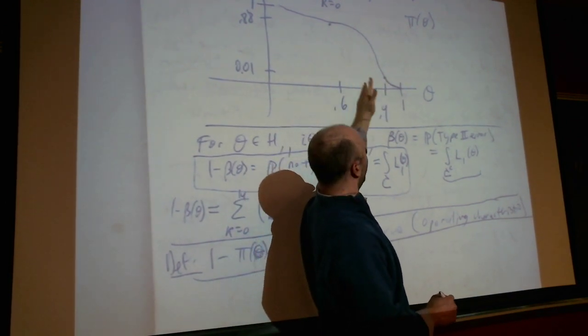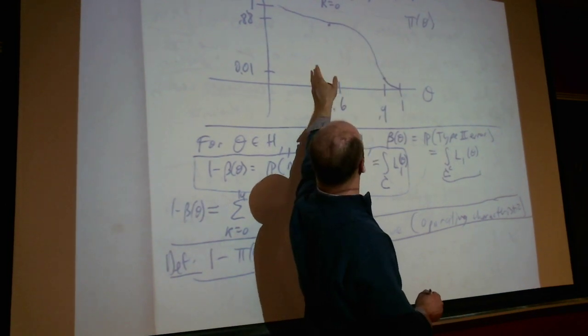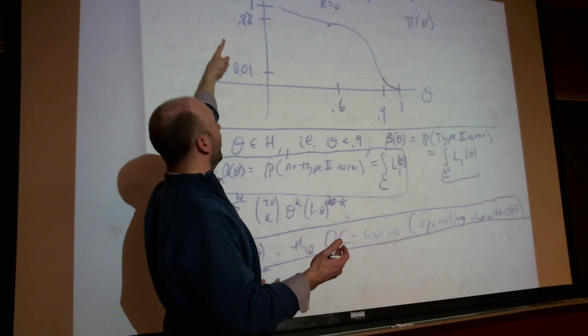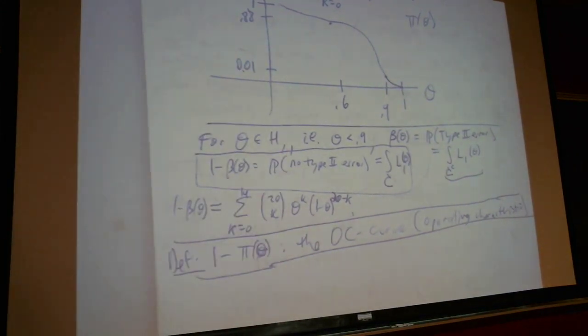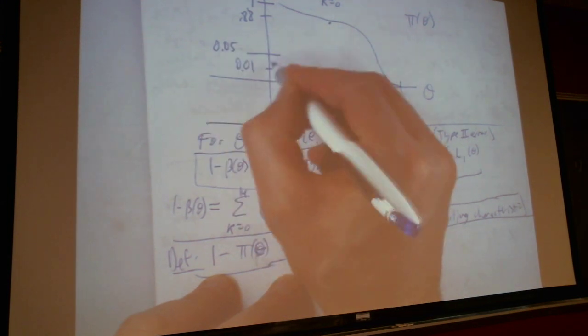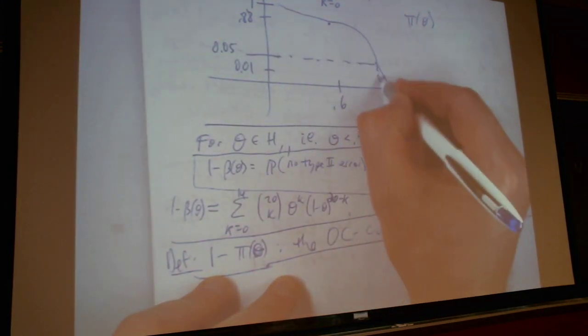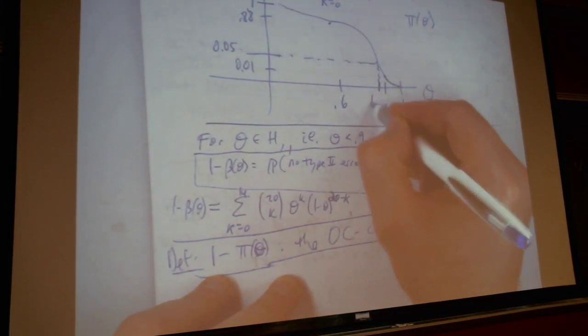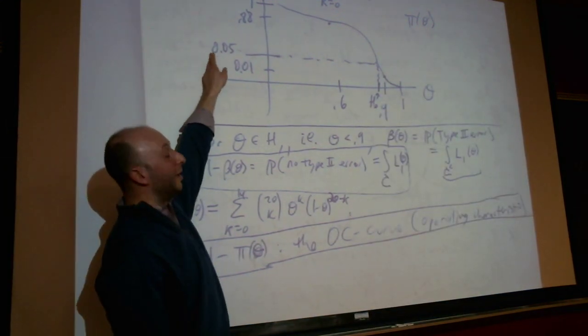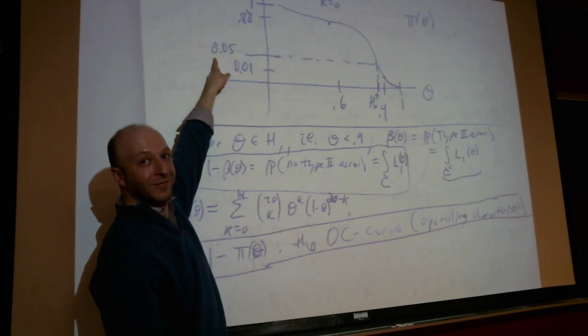So you can choose what your null and alternative hypotheses are to get a particular size or power. So the size, if I want to go over here to size 0.05, now I know what value of theta, this is the value of theta for my null hypothesis, that will have size 0.05.